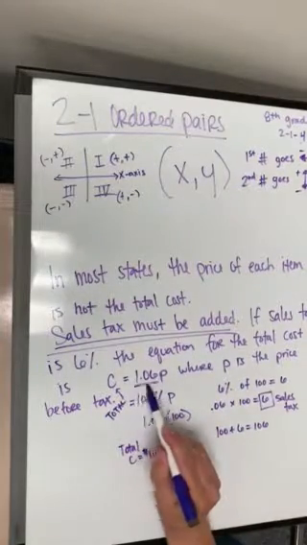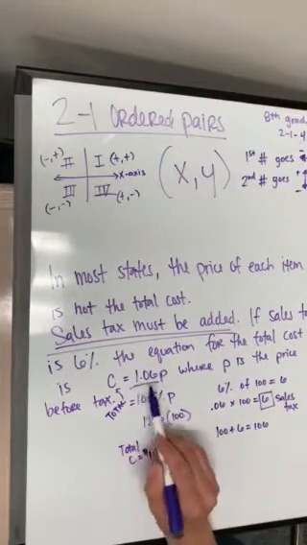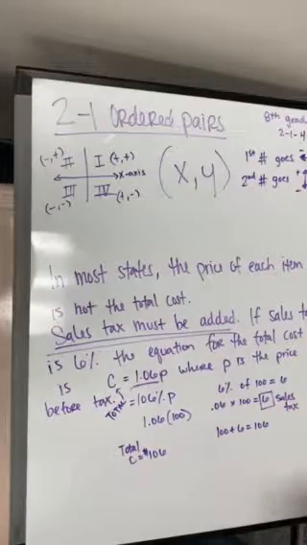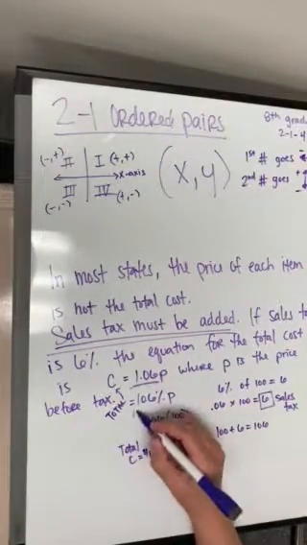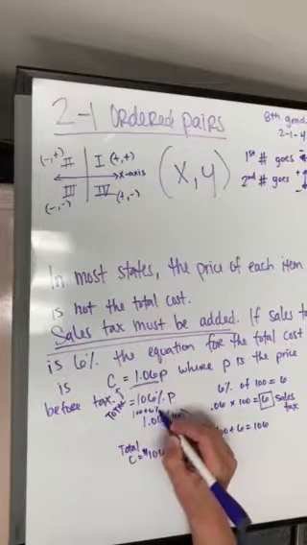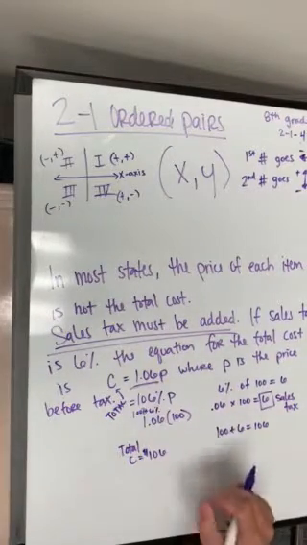But it's important that you guys see the whole reason why they did 1.06. That is doing the 100% because of what it costs, plus the 6% of tax.